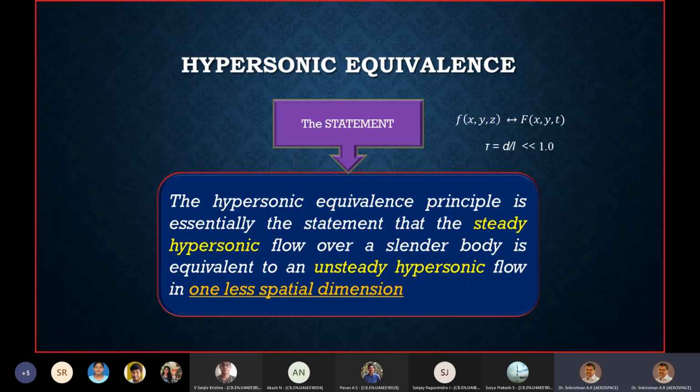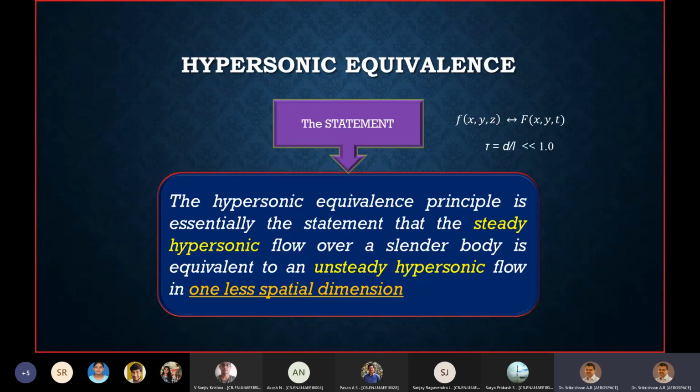So it's a steady hypersonic flow over a slender body, for which we have seen the governing equations already. And what it says is that this is equivalent to unsteady hypersonic flow in one less spatial direction.